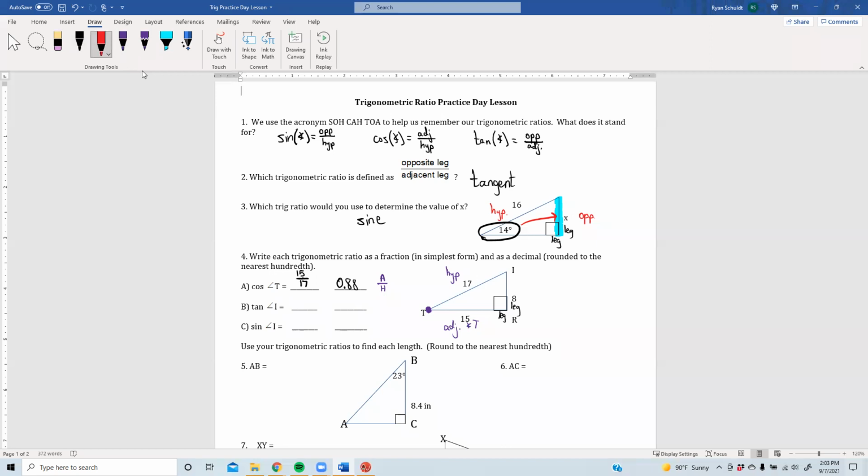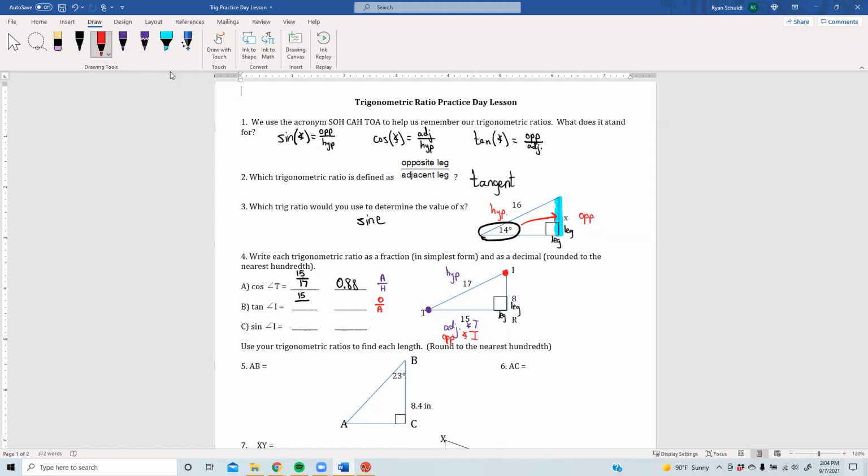Okay, then it asks for tangent of angle I. So now I'm going to be up here at I. If I want tangent, what do I need? I need opposite over adjacent. So if I'm at I, which leg is opposite of where I'm at? That would be the 15. So 15 goes on top over.